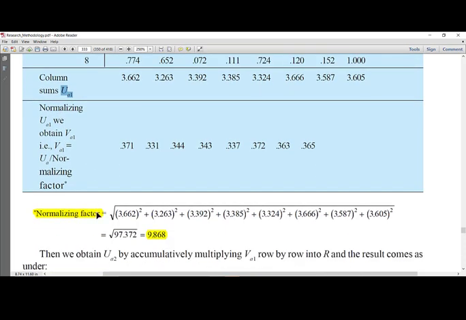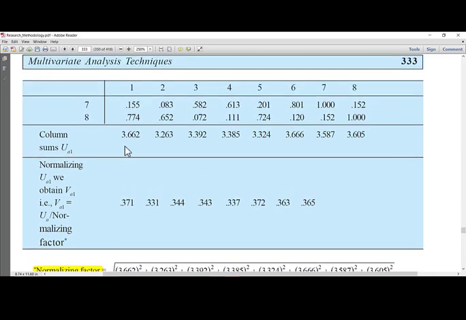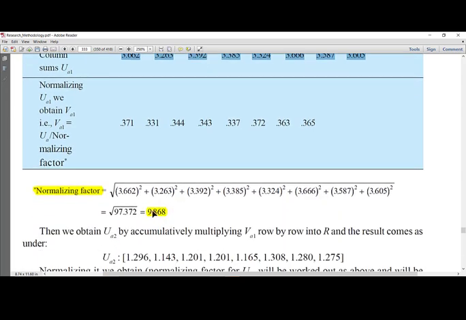We have to have this normalizing factor; how to calculate it, I have already explained. Then each value of UB1 is divided by this normalizing factor, thereby we get the normalized UB1, that is VB1, and we get those VB1 values here.